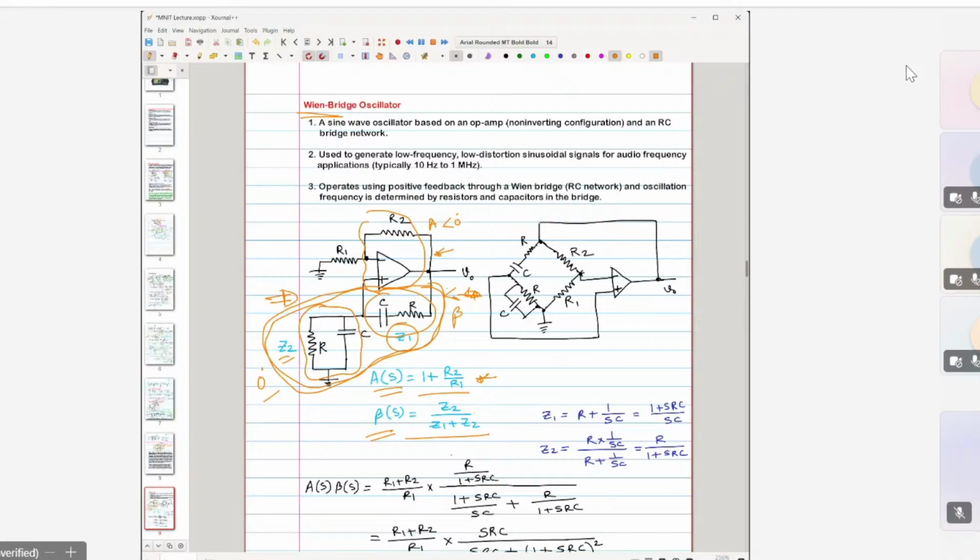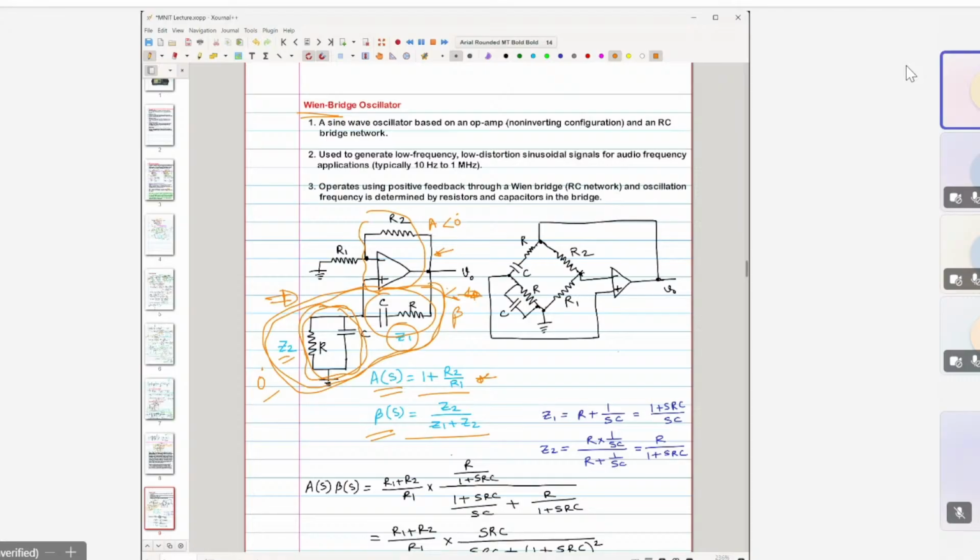Then it would be Z2, the drop across this, right? It's basically how potential would be divided. You consider the potential here is V0, how this potential would be divided between the series combination of Z1 and Z2. Basically Z1 and Z2 are in series, simple potential distribution. So it will be Z2 divided by Z1 plus Z2, right?